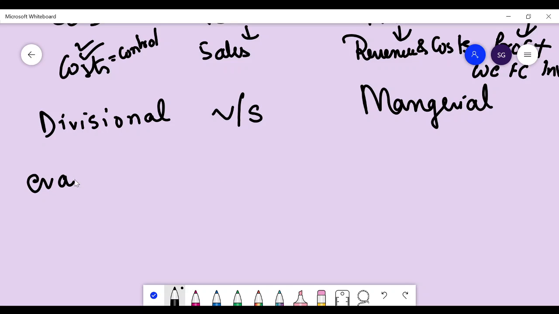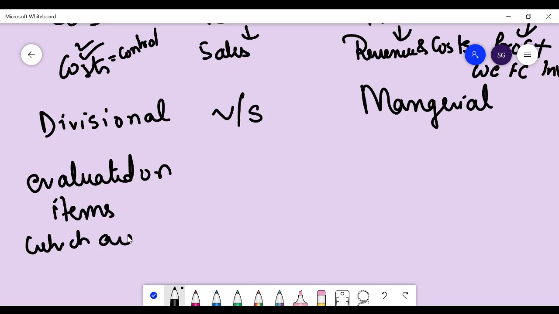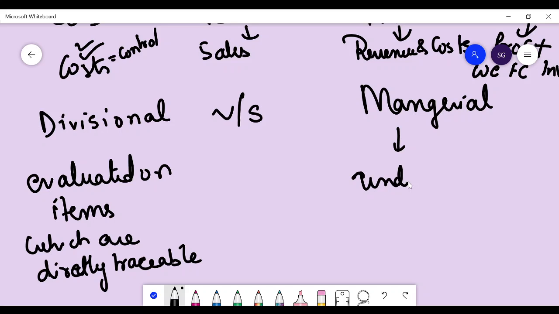Divisional is evaluated on items which are directly traceable to the division. In managerial, we only base the items that are under managerial control.